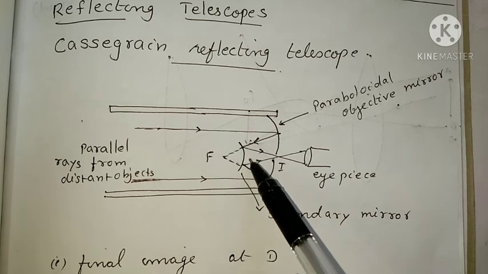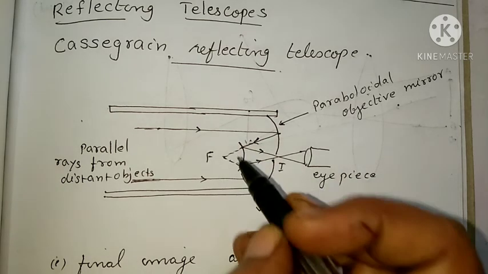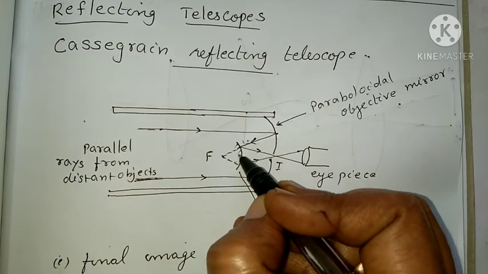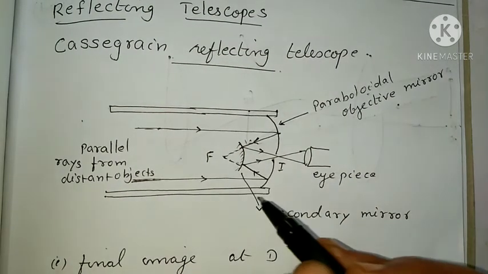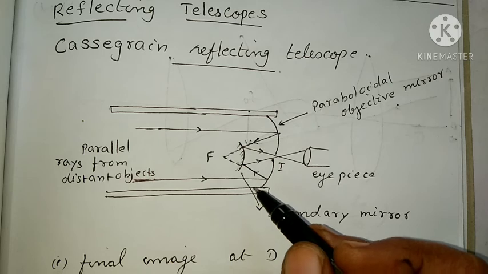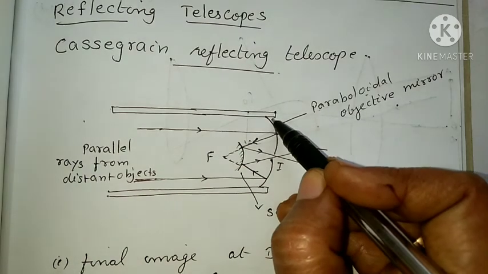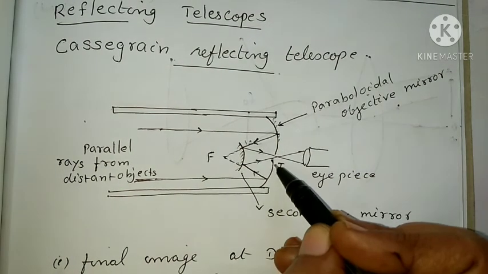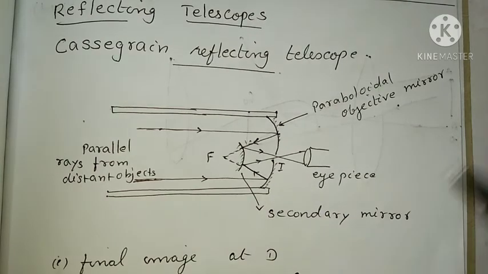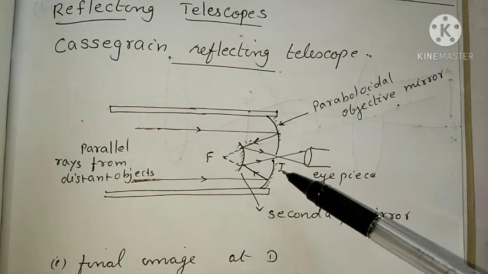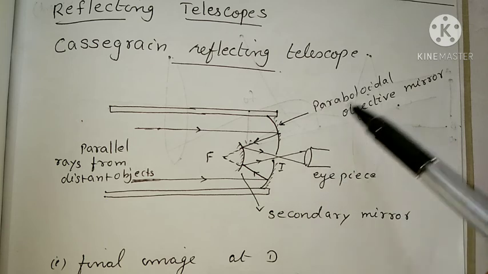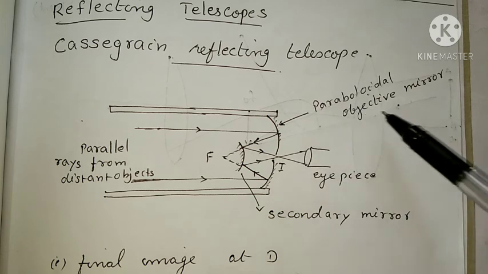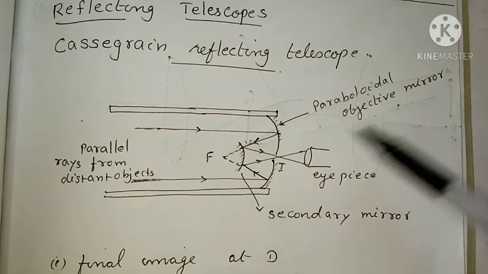This is the small convex mirror and it is known as the secondary mirror. This is the concave mirror. Clear? This is the large concave mirror with a hole at its center. It is known as the paraboloidal mirror, and it acts as an objective.